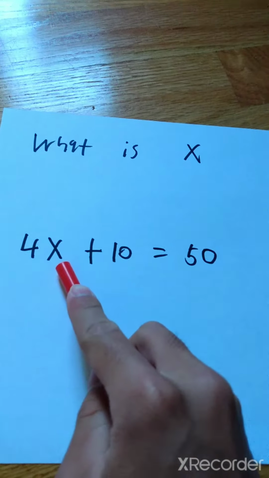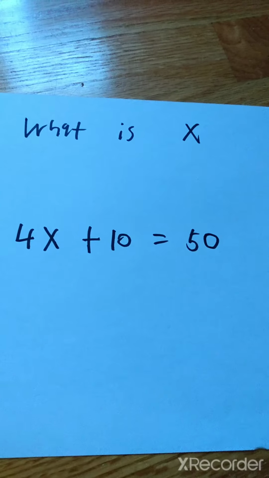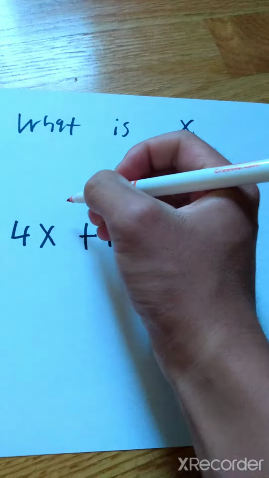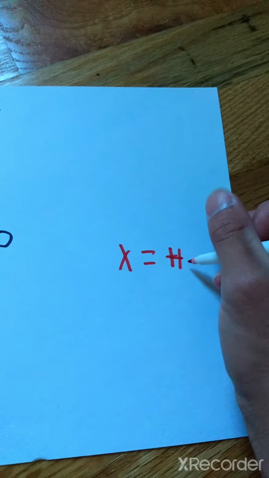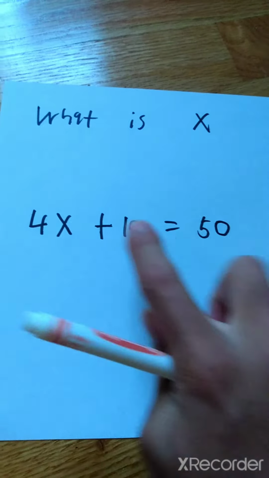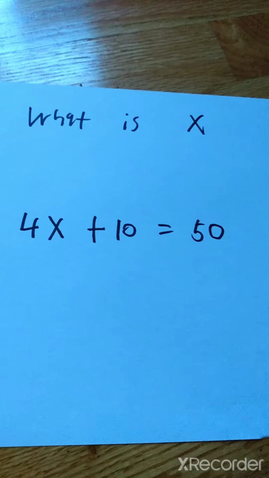In order to find out what x is, there is a step process that we're going to follow, and what we're going to try and do is get the x alone. So pretty much we're going to get an answer as x equals a number. So what is that number? Instead of solving the problem, we're solving for x. So what we have to do is work backwards.